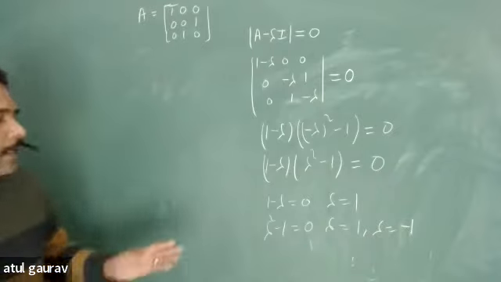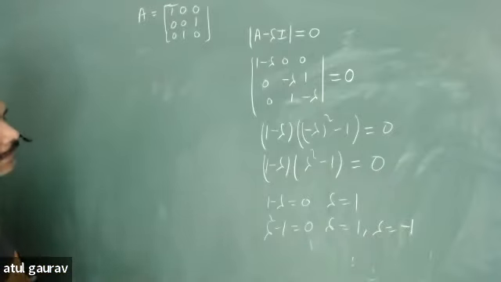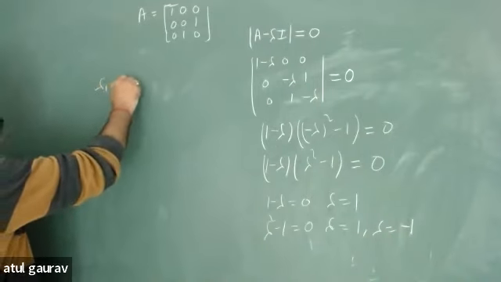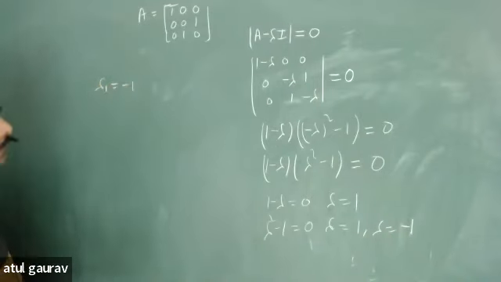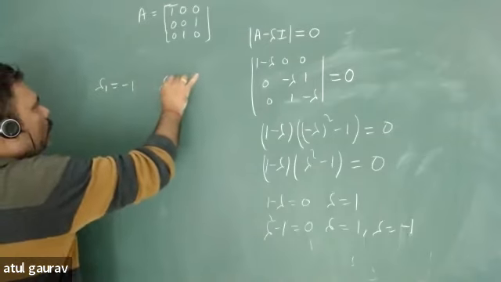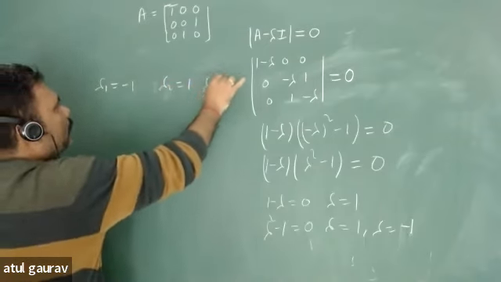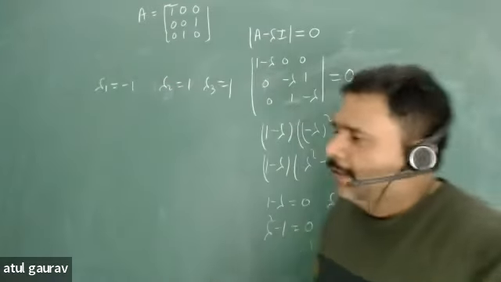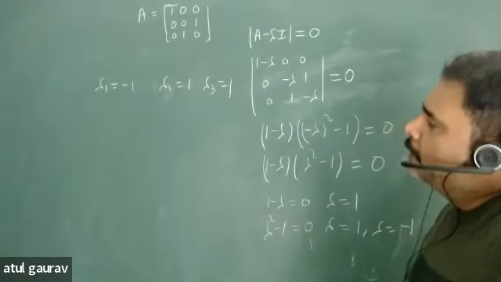Now, what are the eigenvalues? So let's say lambda 1 is equal to minus 1, and lambda 2 is equal to 1 and lambda 3 is also equal to 1. Are you people happy?